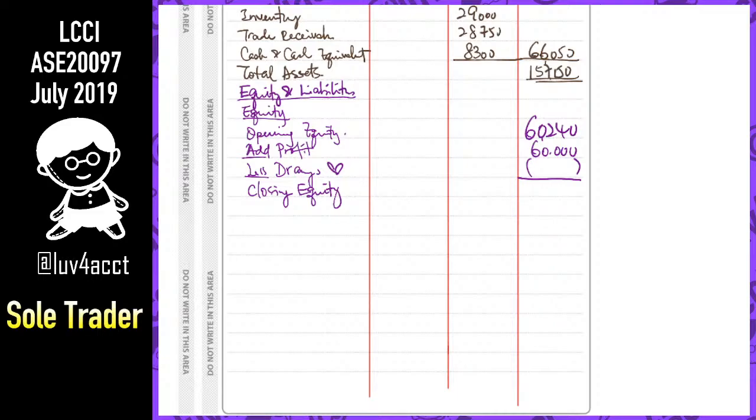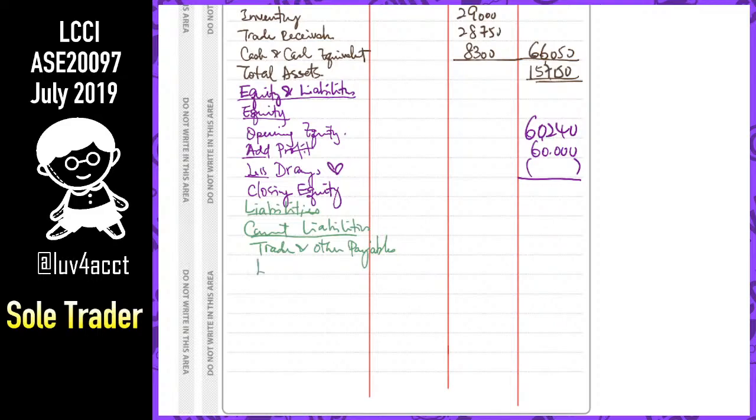Next we have liabilities. We do not have non-current liability, we only have current. We have current liabilities: trade and other payables, and the loan.